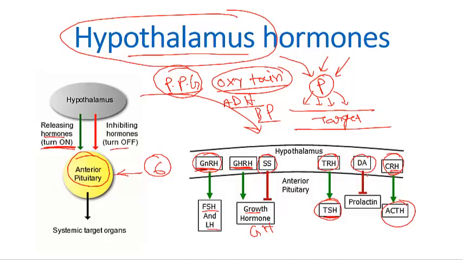Dopamine is a type of factor that acts as the prolactin inhibiting hormone. Actually, prolactin synthesis is controlled by many different hormones, but here dopamine acts as the prolactin inhibiting hormone, and it prevents the production or secretion of prolactin. And the corticotropin release hormone, CRH, influences the release of ACTH from the pituitary gland.